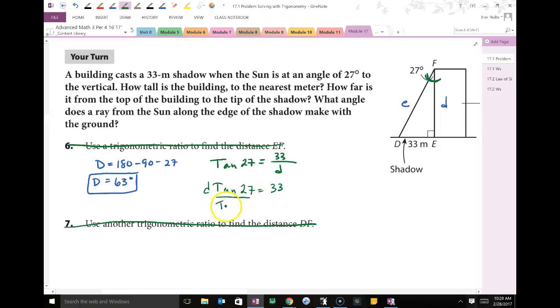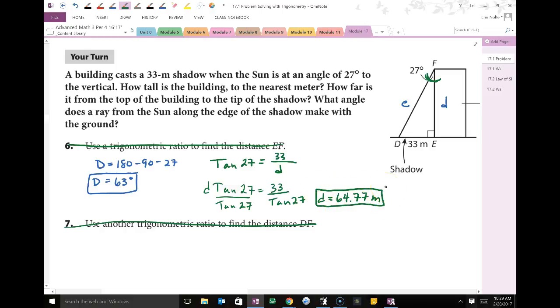Divide by your tangent. So in the calculator, you type in 33 divided by the tangent of 27. That gives 64.77, to be exact. We got a length, so I'm going to label that in meters.